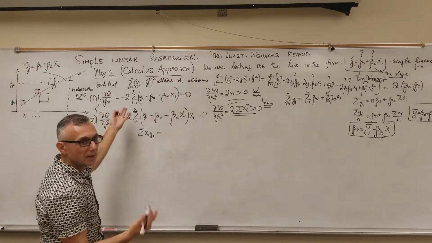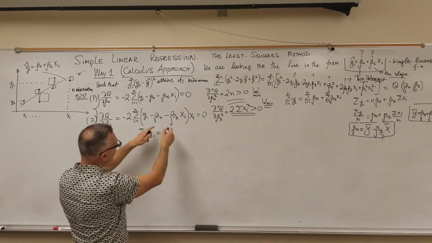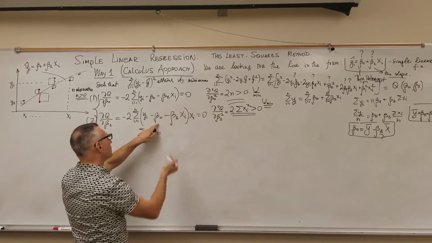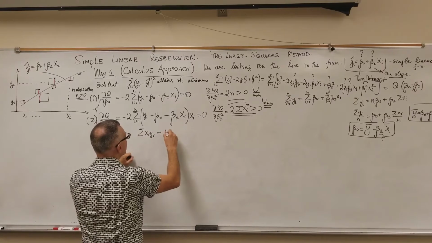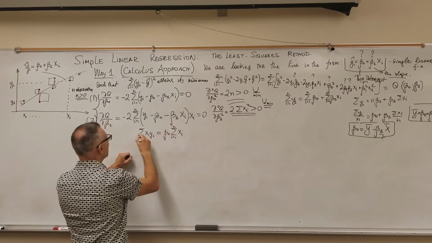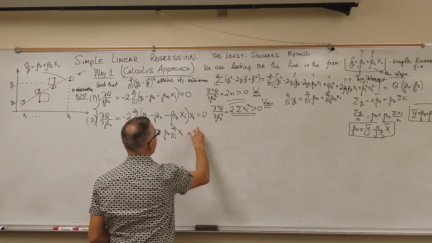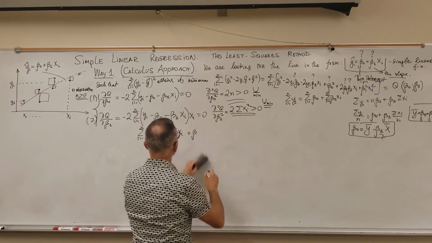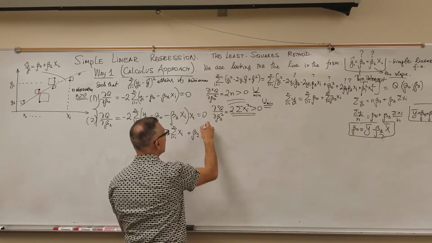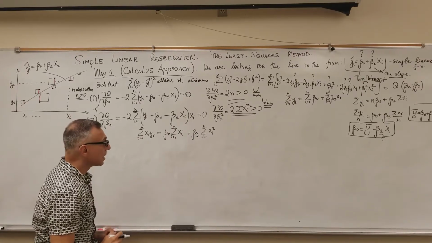Minus 2, they drop out, you know that. So it will be the summation of beta 0 xi. Beta 0 outside of the sum. So plus beta 0 sum of xi's, i runs 1 to m, plus beta 1, the summation of xi squared, 1 to m. Yeah?